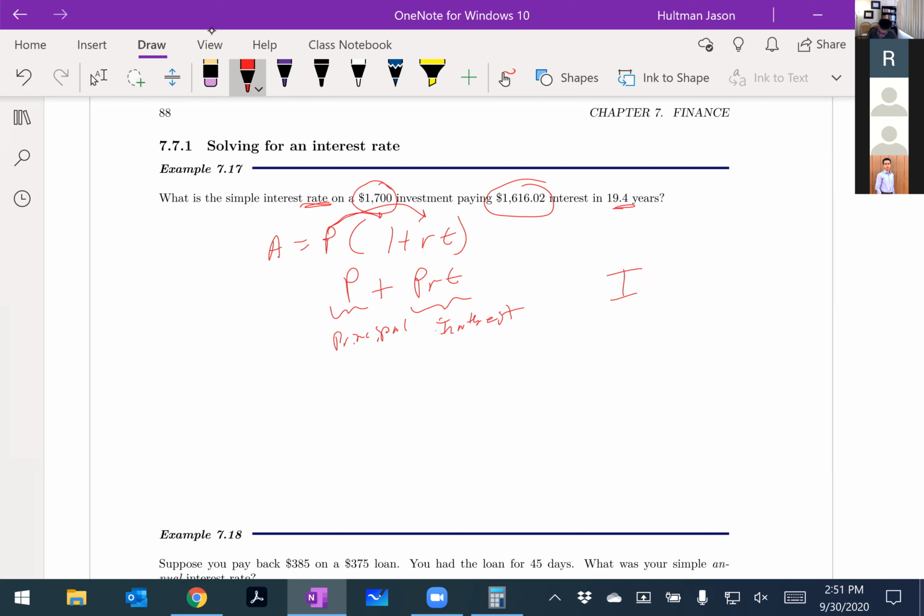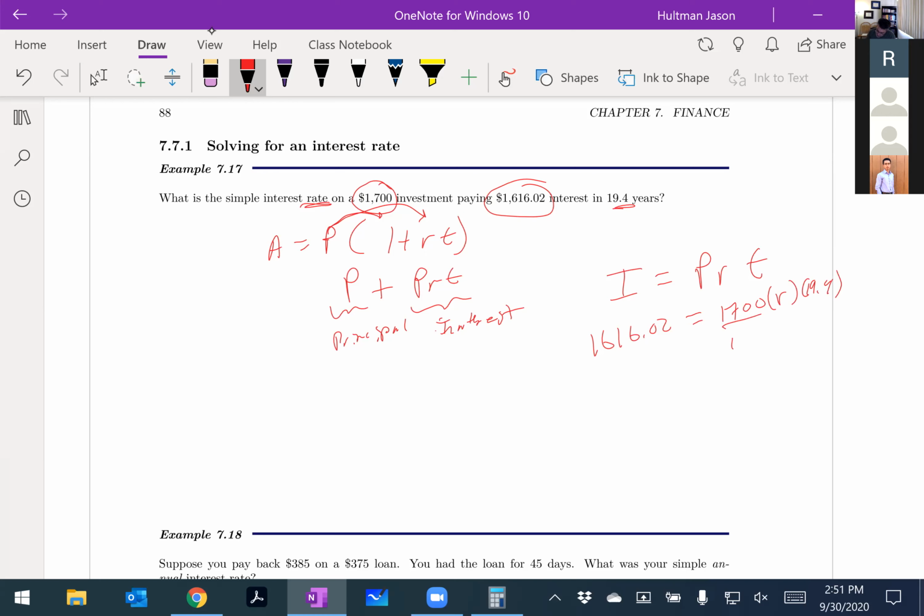So the interest is equal to the principal times the rate times the time. The interest is going to be 1616.02. The principal is 1,700. The rate we don't know yet, but the time is 19.4 years.